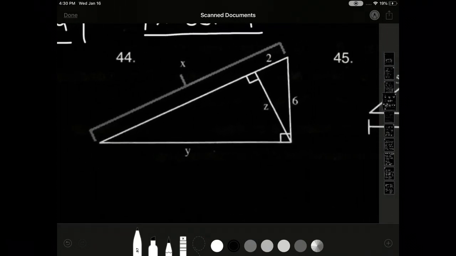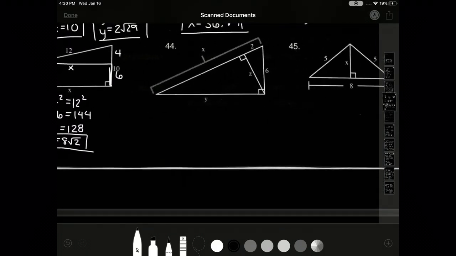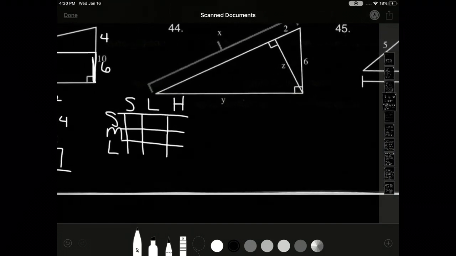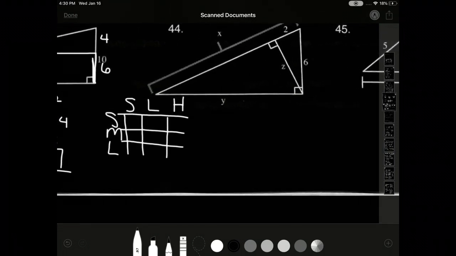44 is a lot like problem 40. All right, so I'm going to try to write my table again. Short, long, hypotenuse. Now, the short side of our small triangle is 2. Long side is z.